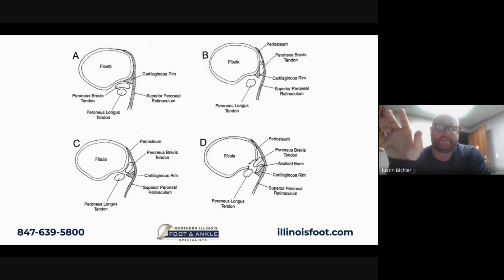A really important aspect of the fibular groove, and some people don't know this, is a cartilaginous rim and a cartilaginous surface along the posterior aspect of the fibular groove that allows the tendons to glide freely.